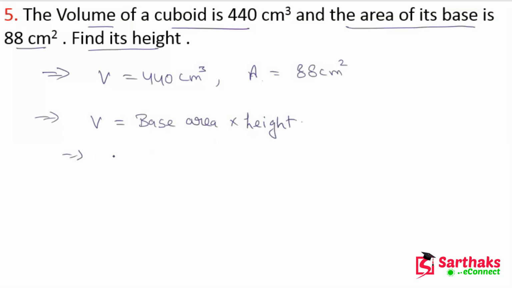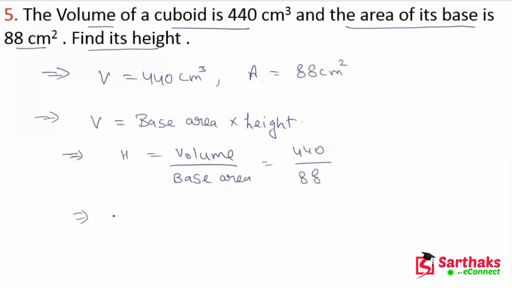We have to find height, so h is equal to volume divided by base area. Volume is 440 and base area is 88. If we solve this, we get h equals 5 centimeter. So this is our required answer.